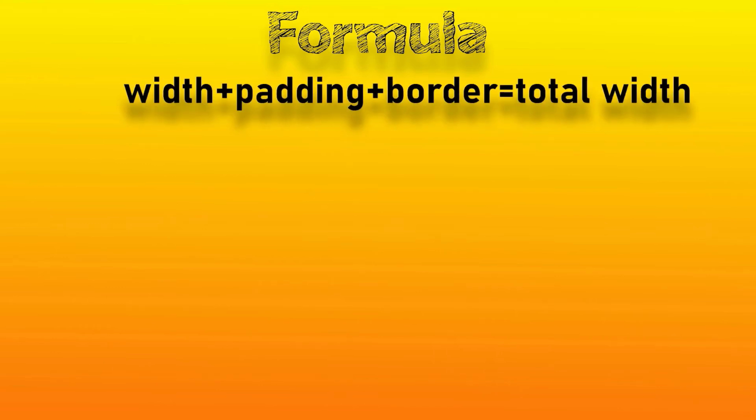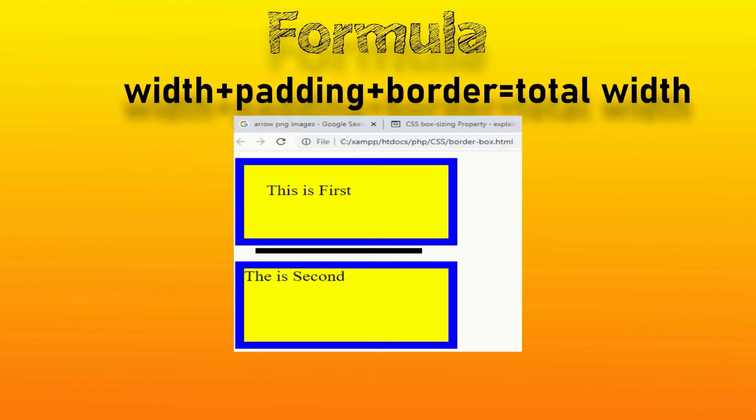To understand why the sizes of these two boxes differ, you should understand the formula the CSS box model uses to calculate the height and width of any element in CSS. The formula to calculate width is: width of the element plus padding plus border gives you the width that you see in the browser.